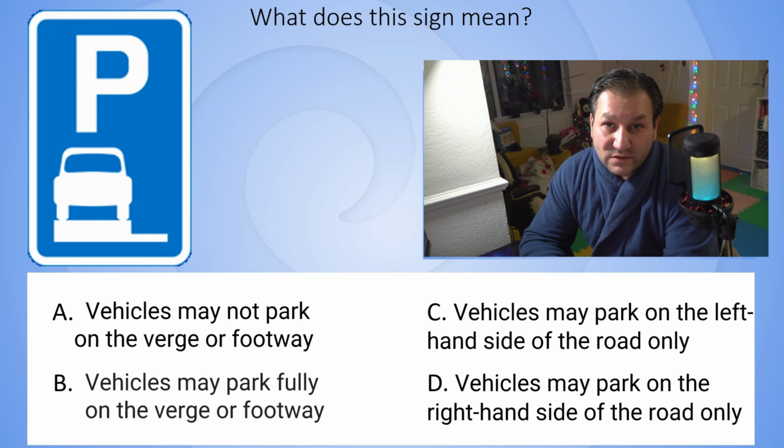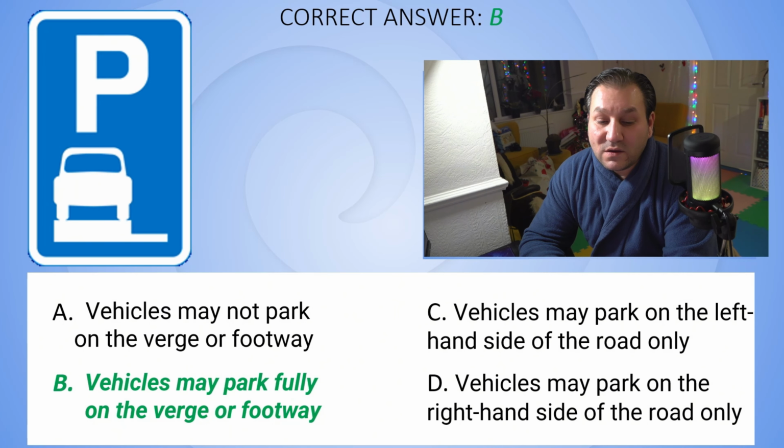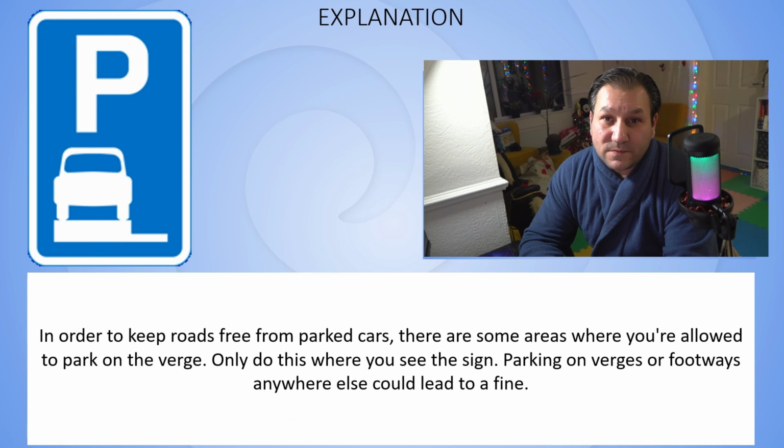The correct answer is B. Vehicles may park fully on the verge or footway. Explanation. In order to keep roads free from parked cars, there are some areas where you are allowed to park on the verge. Only do this where you see the sign. Parking on verges or footways anywhere else could lead to a fine.